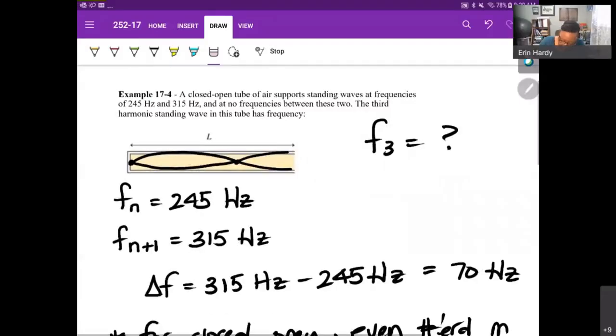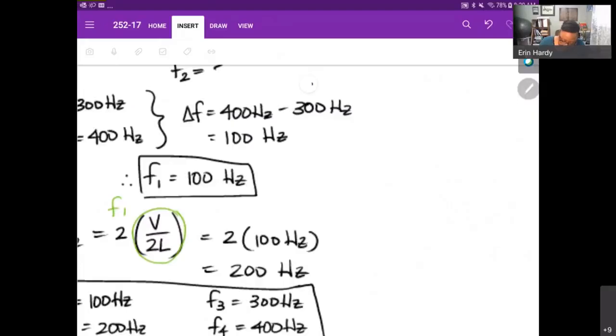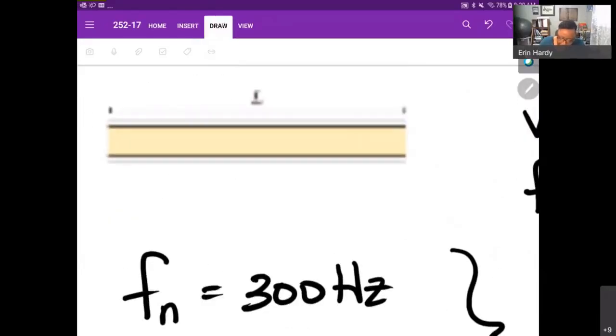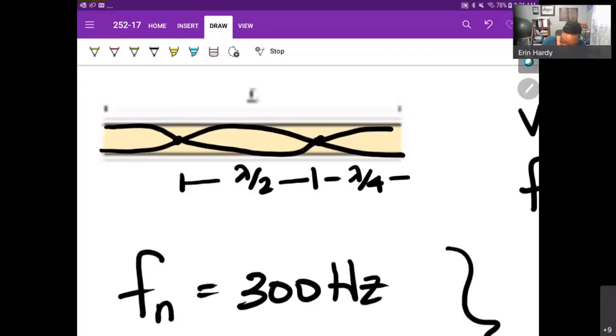And for the open tube, we were looking for an m equals 2 standing wave. So that means 2 nodes, and they would have to form like this, so that we've got one complete half wavelength in the middle. So this would be lambda over 2 between here and here. Then you've got lambda over 4 between here and here, and another quarter wavelength on this side.